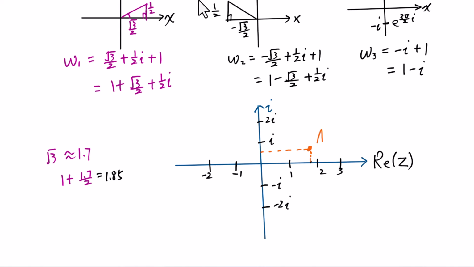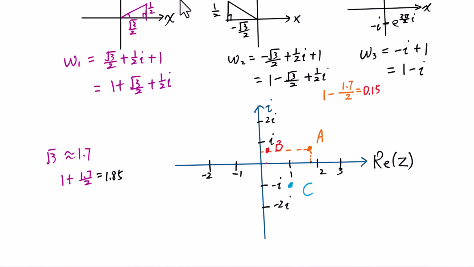This is A. For omega 2, 1 - 1.7/2 equals 0.15. So this is B. For C, 1 - i is here. This is C.